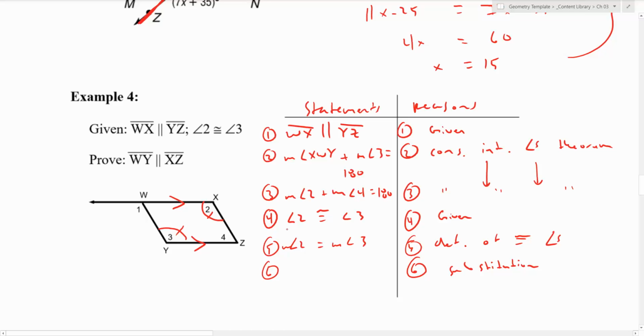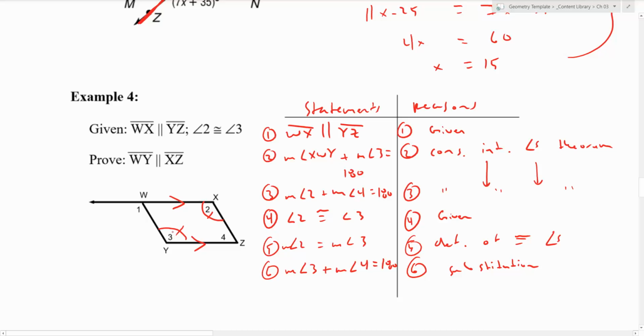Then can't I say that, we were talking about XWY and angle 2 before. It would be nice to show that those are supplementary, but let's do angle 3 and angle 4 because angle 3 is easier to write than XWY. So can't I substitute angle 3 in for angle 2 here? The measure of angle 3 plus the measure of angle 4 equals 180 degrees by substitution, right? I'm dropping 3 in for 2 up here.